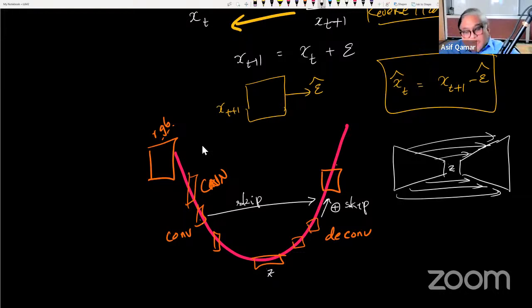Now, why would you do that on the image? I'll just recap in case you have forgotten your UNet. Think about it this way, guys. The convolution is a journey from an image which has very high spatial information. You know exactly where this dot is, where this nose is. But as you do feature extraction, higher representation learning, by the time you get to the bottom of it, the latent representation is semantically rich.